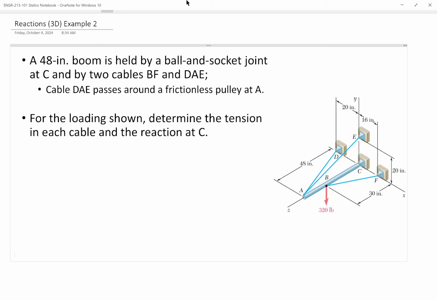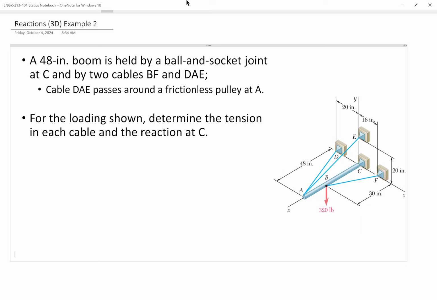It's being held in place by a cable here, this cable DAE, okay? So what's happening with this cable DAE is that it's a single cable, right? So maybe I'll do my best to illustrate that up here. We have a pipe like that.